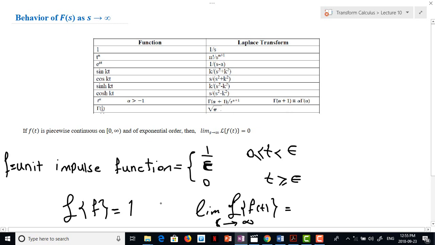Here we have a constant function, as a result it is equal to 1. So we can see that the limit of the Laplace transform in this case is not equal to 0 when s approaches infinity. Why? Because the unit impulse function is not a piecewise continuous function. So the behavior of F(s) when s approaches infinity being equal to 0 holds just for piecewise continuous functions of exponential order.